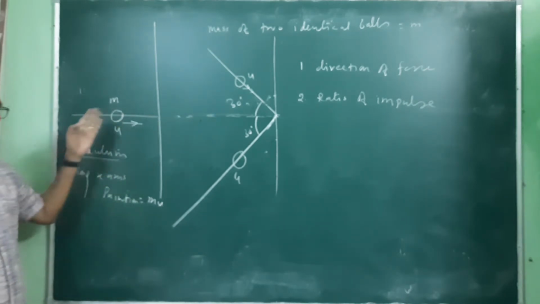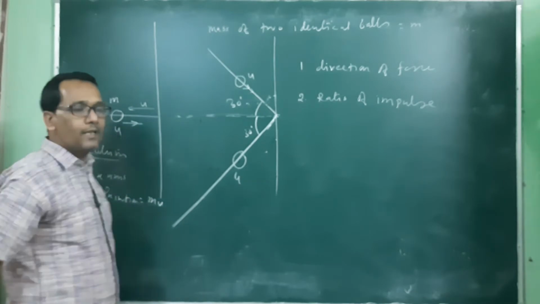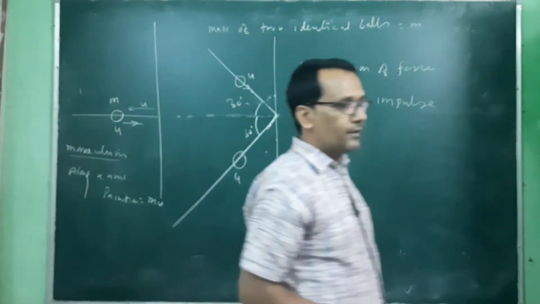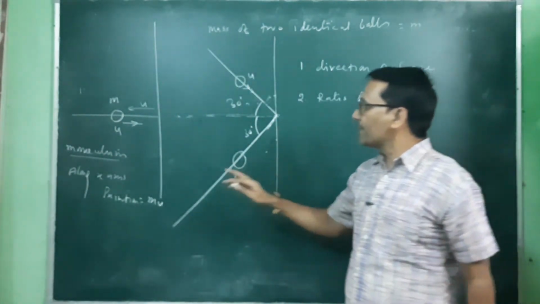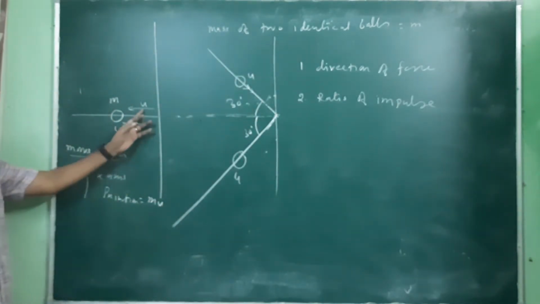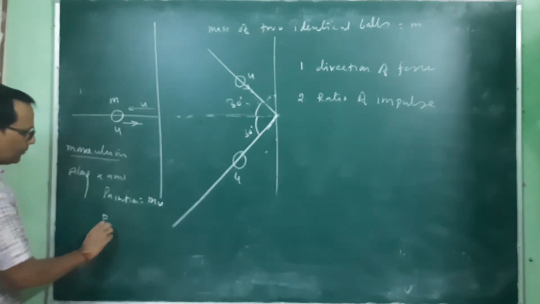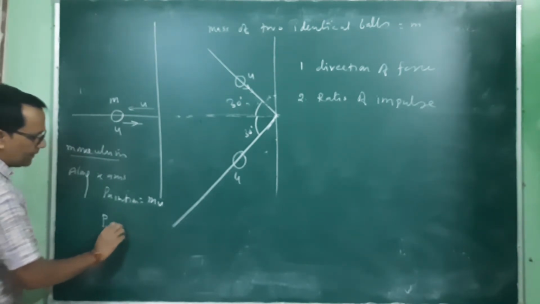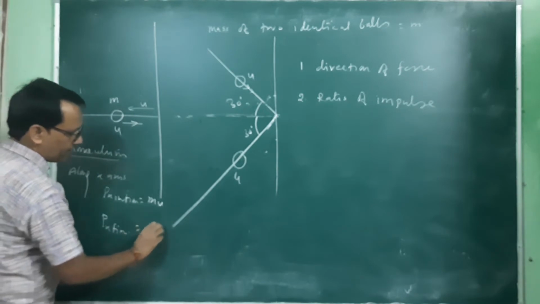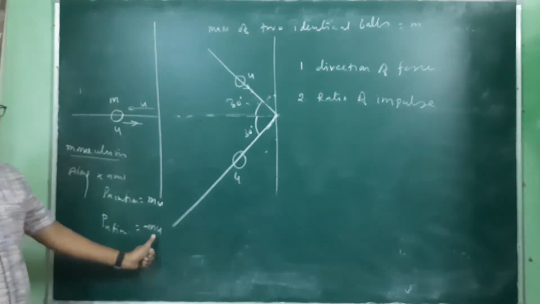After collision, when it bounces back, the velocity is the same, there is no energy loss on the surface. The final velocity is also u, but the direction is changed. So the final momentum is also along the x-axis, and because of the change in direction, we will have minus mu.